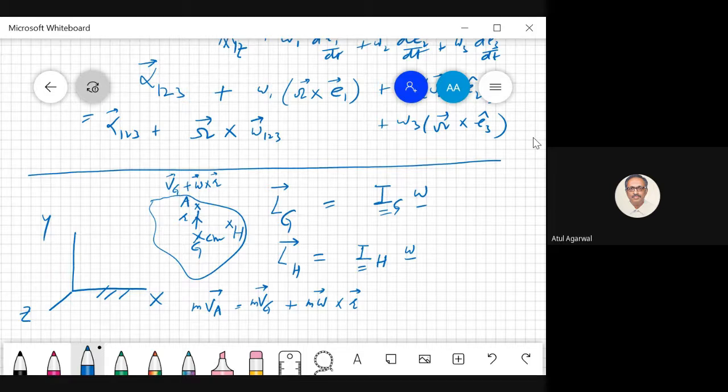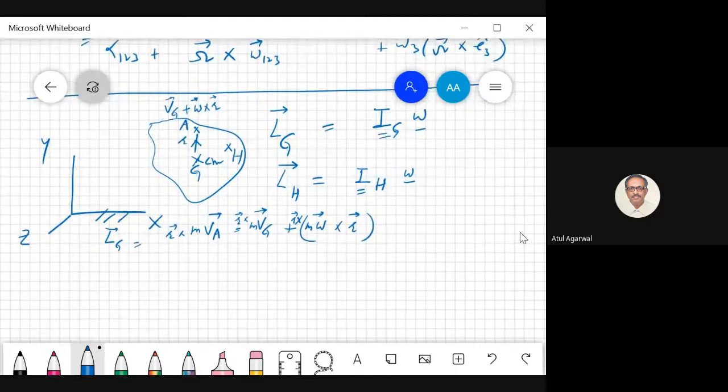For angular momentum with respect to point G, you do r cross... what do you get? r cross m V G plus... so what is this r cross m V G?